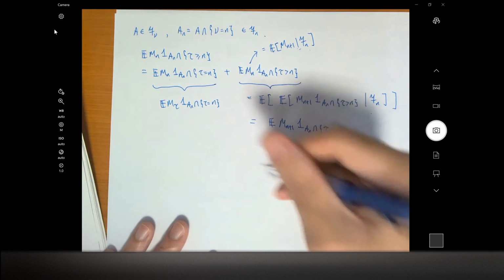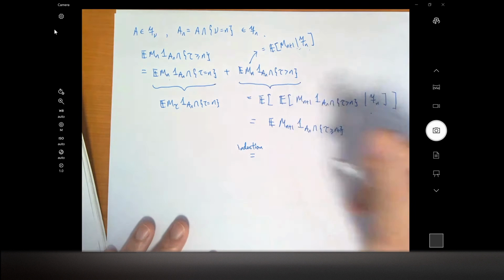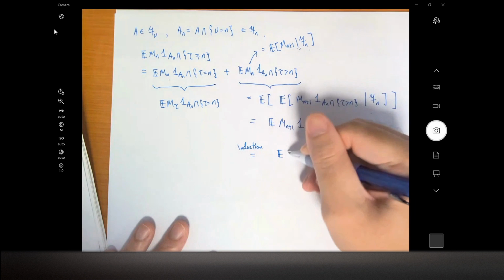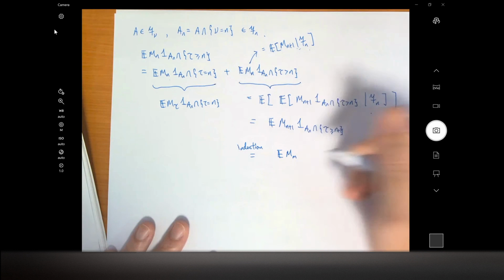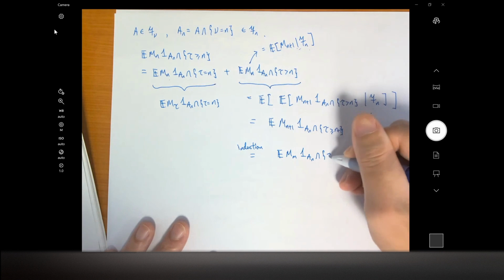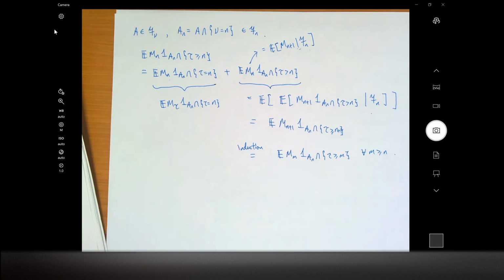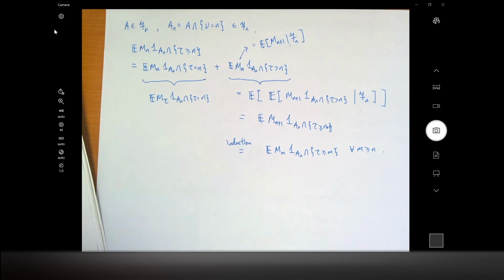So by induction, this equals the expectation of M_m, A_n intersect tau bigger or equal to m, for all m bigger or equal to n.